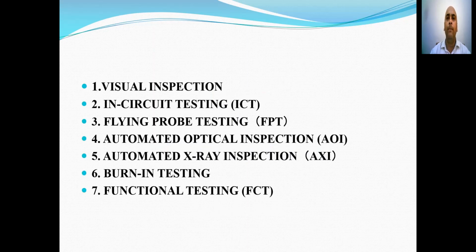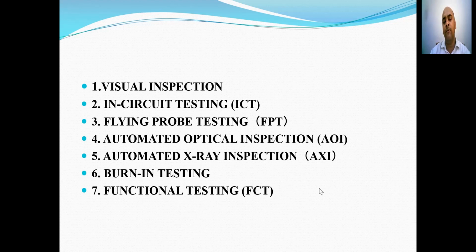Some of the major inspection methods for PCB include visual inspection, in-circuit testing, flying probe testing, automated optical inspection method, automated X-ray inspection method, burn-in testing, and functional testing.